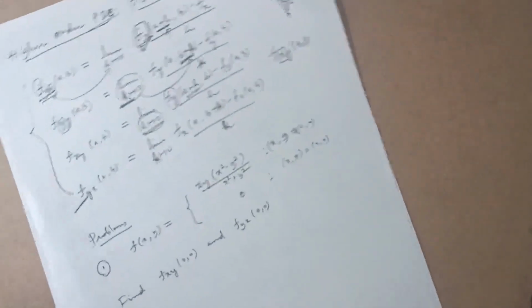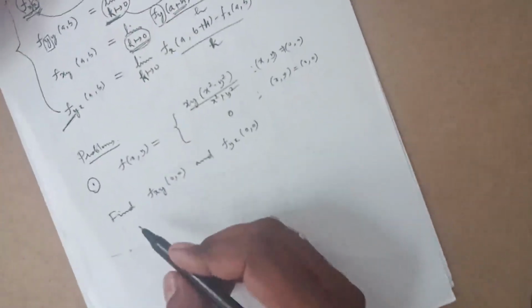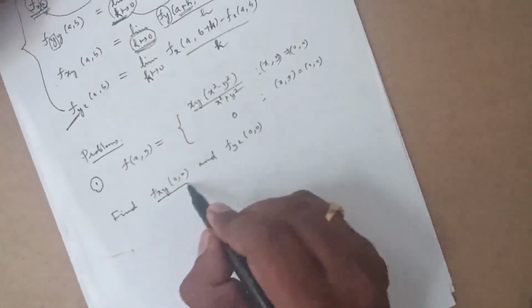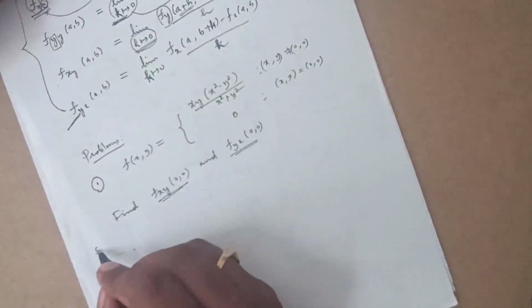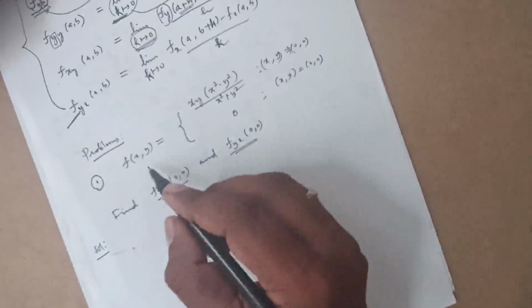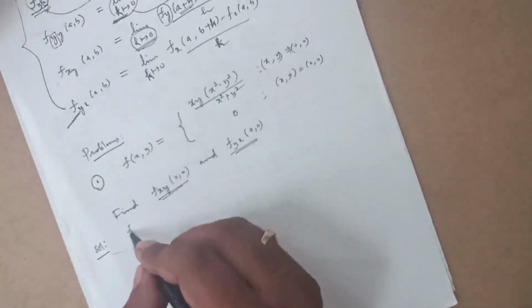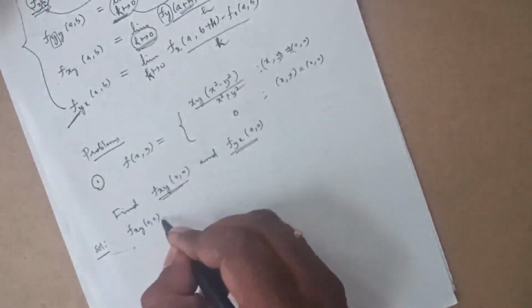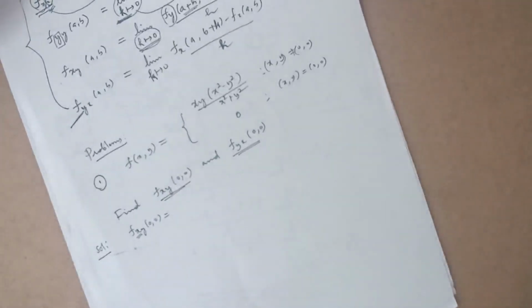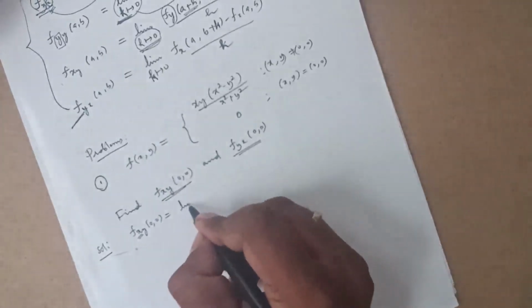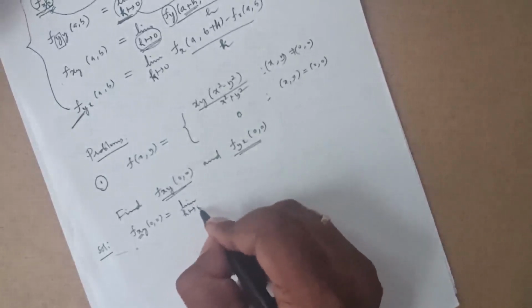Again, there is one problem. Find fxy at 0 0 and fyx at 0 comma 0. In order to find fxy at 0 comma 0, as I said, first you need to consider x. So the increment I will give in terms of h.